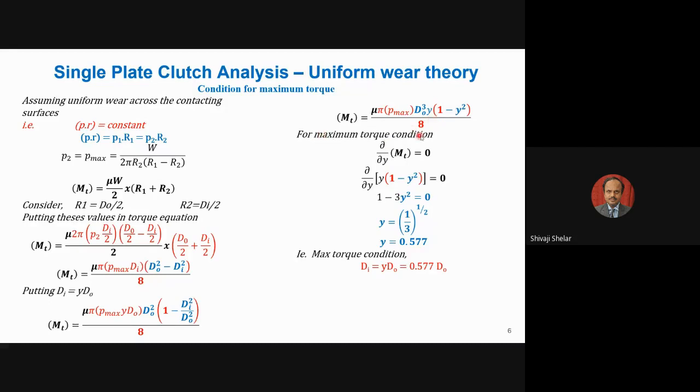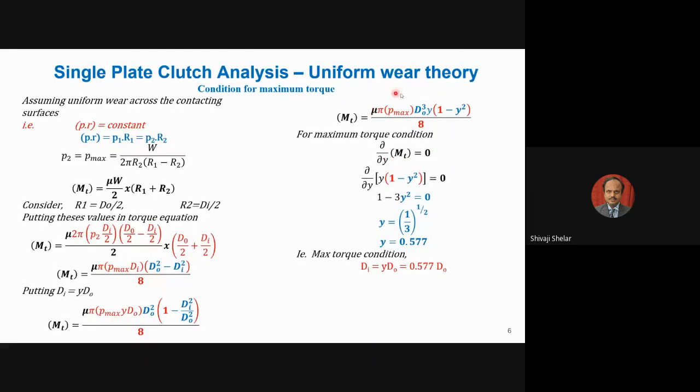For the maximum torque condition, I take this equation and differentiate it with respect to the ratio factor variable y, so that the first derivative should be equal to 0. So I take the partial derivative of Mt with respect to y, and that should be equal to 0.